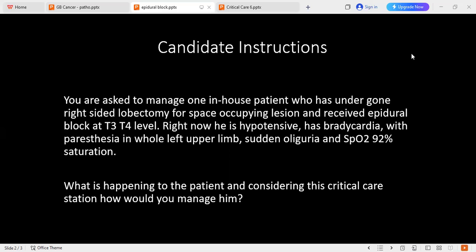Advantages of the epidural block: it decreases post-operative pain and improves post-operative ambulation. It is less invasive, and it decreases DVT. For patients who already have cardiovascular disease, choosing this procedure reduces their risks.